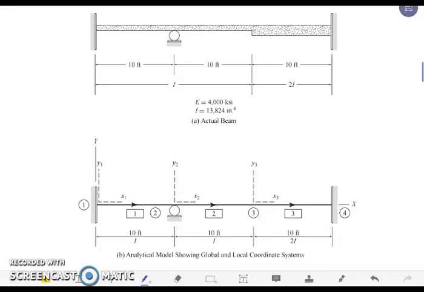This will be the point where we have the intersection of the x and y coordinates.